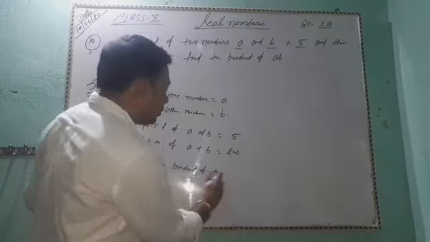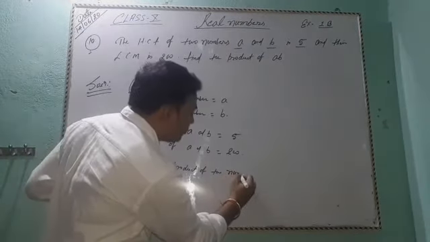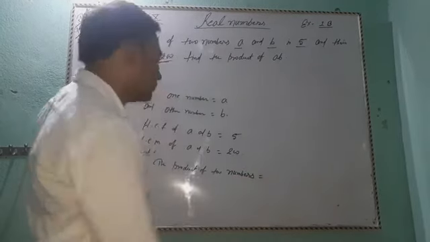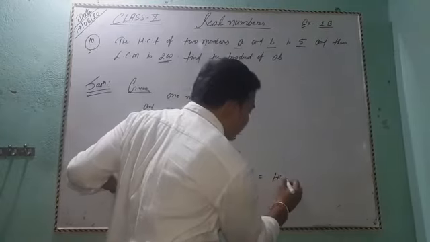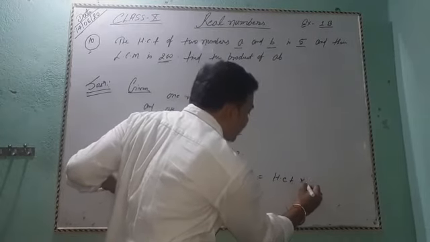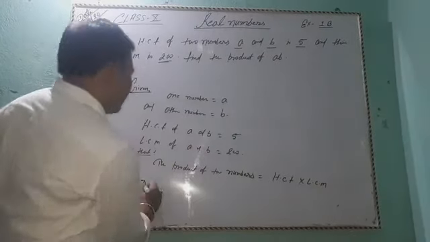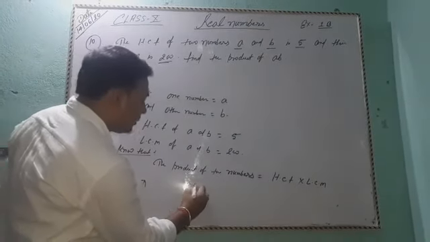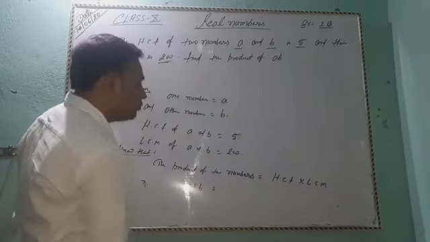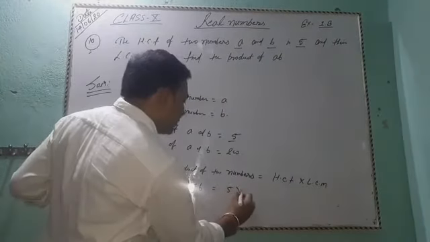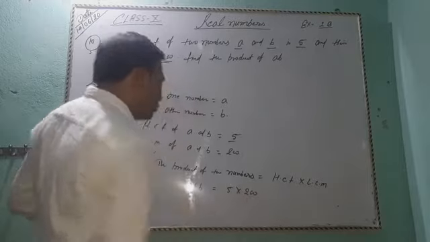So the product of two numbers, A × B, equals HCF × LCM, which is 5 × 200.